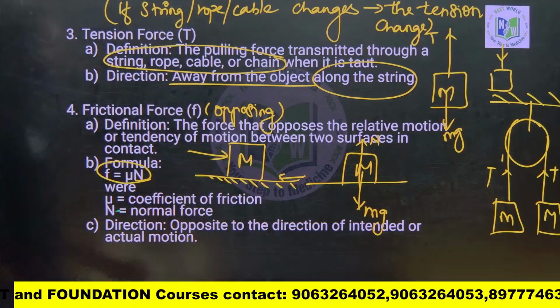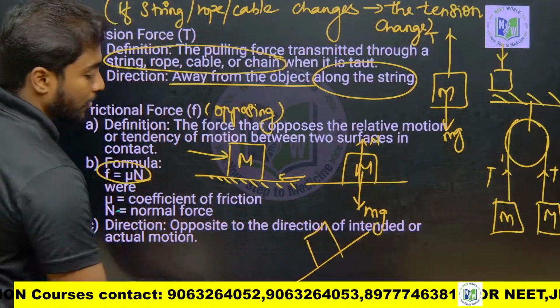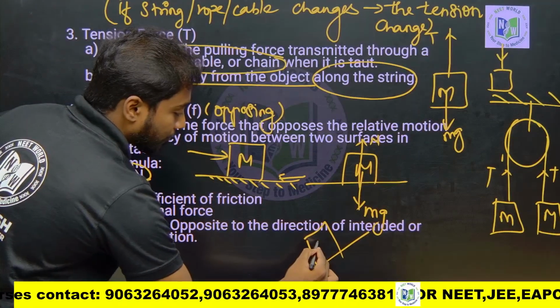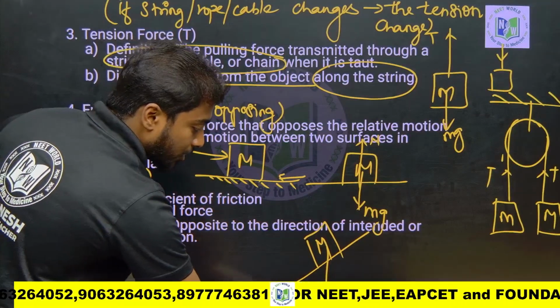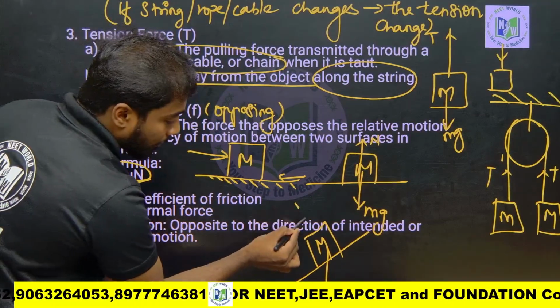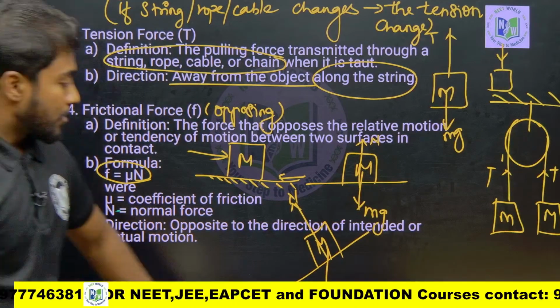Inclined. Okay. In the inclined position, if I take this as m, this one will be my mg, and this one will be my normal, this is the weight and this is the normal. So I will make a diagram here.